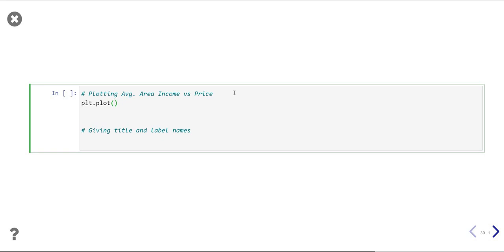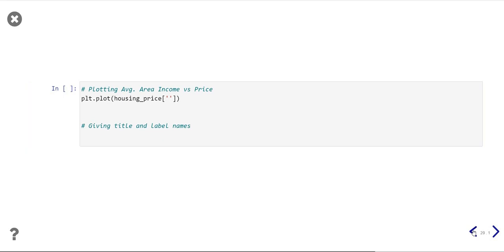And what is the argument that you need to provide? You need to give your data frame, this is housing_price, and you need to provide the x-axis value and also the y-axis value. So the x-axis is going to be the average area income.